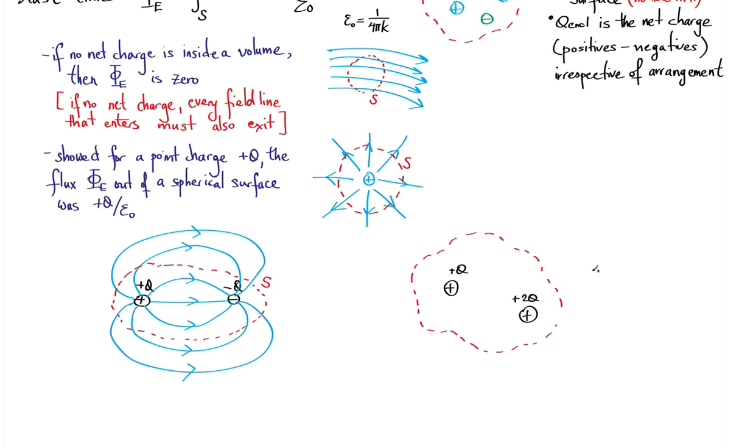So if we use Gauss's law, basically we say that, I'll try to do a better job over here, phi sub E should be equal to the total amount of charge enclosed, right? So it should be plus Q plus 2Q, so it should be 3Q over epsilon naught.